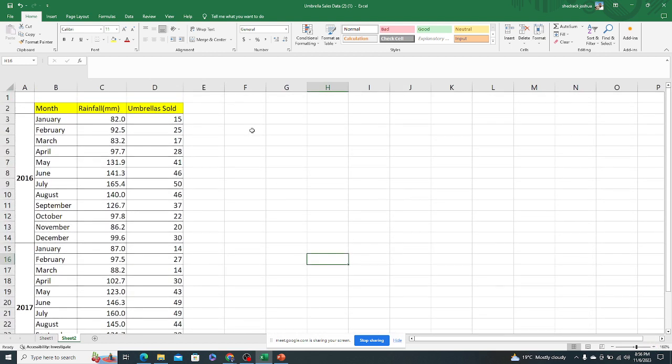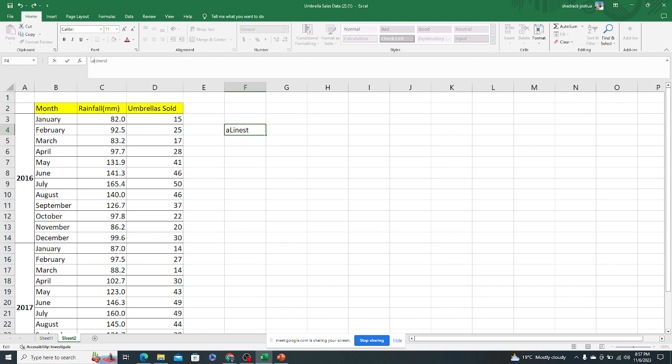Then I will start with the first formula, that is LINEST. We've said this function will give us the slope and the intercept. So this is our first formula.